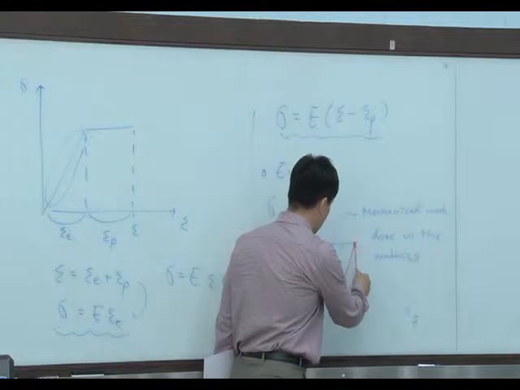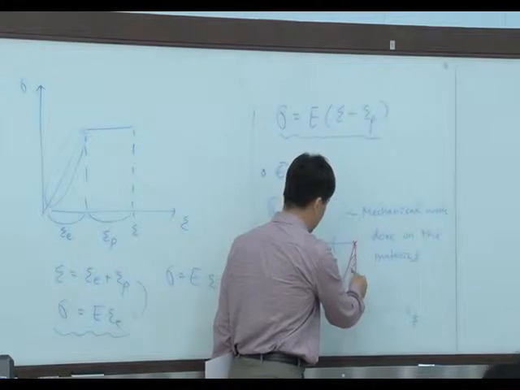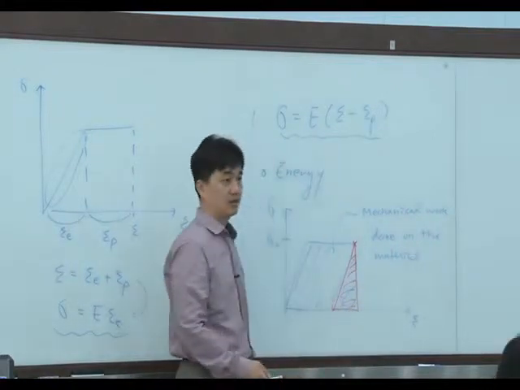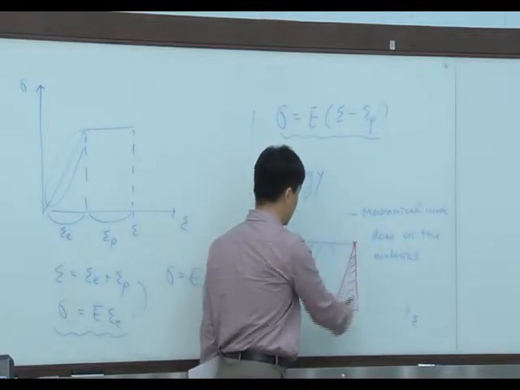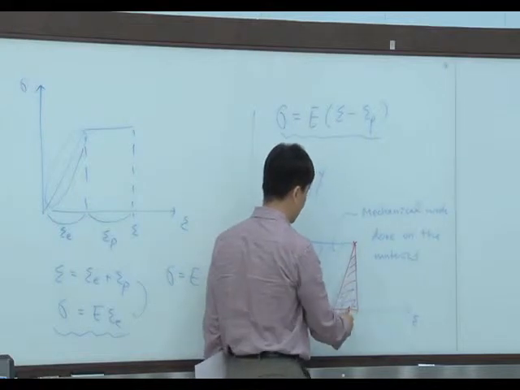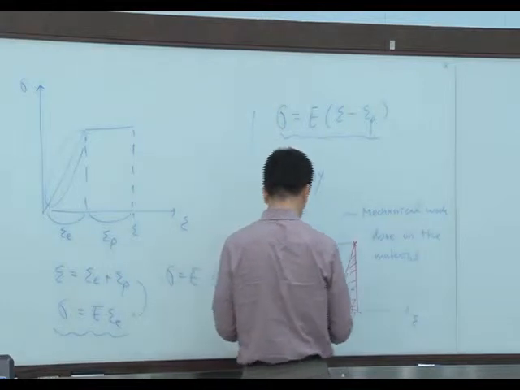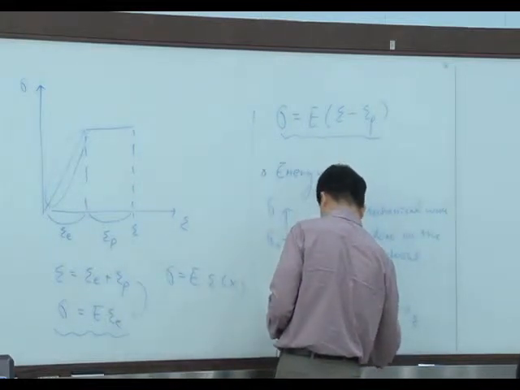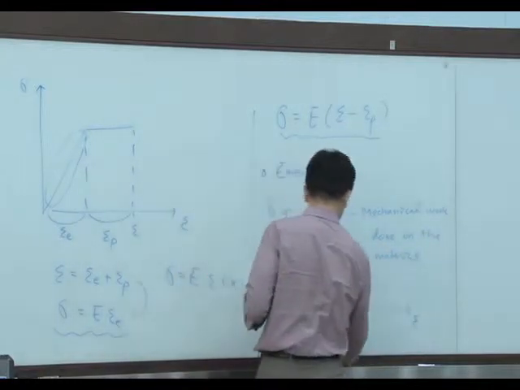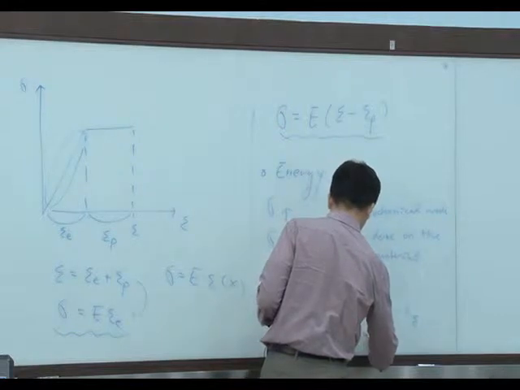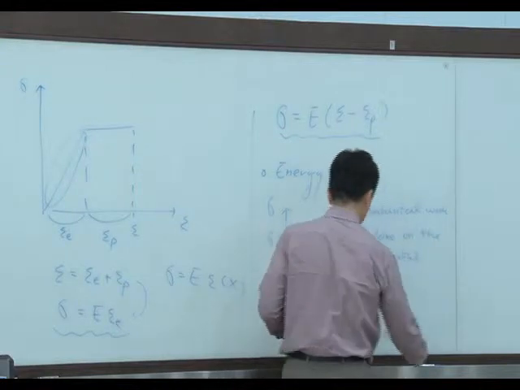So the amount stored in the body is only this part. Even if I do a much bigger amount of work, only this part is stored: the strain energy, the elastic energy, the energy stored.